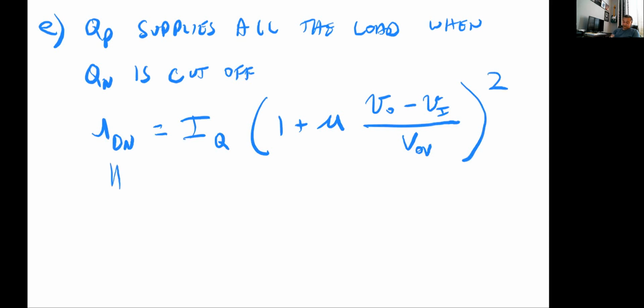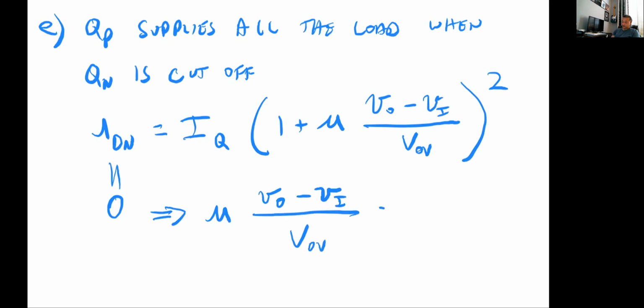If this is 0, that implies this expression here. So if you make IDN 0, you can derive this expression over here. And then similarly, we have for the P channel, for this specific design, this derived expression.